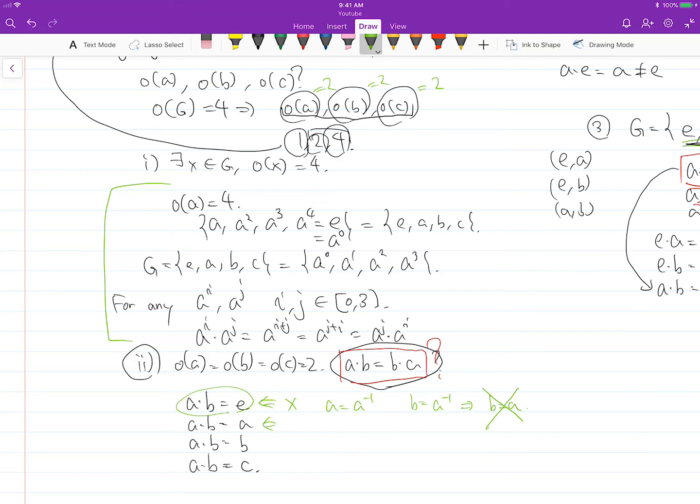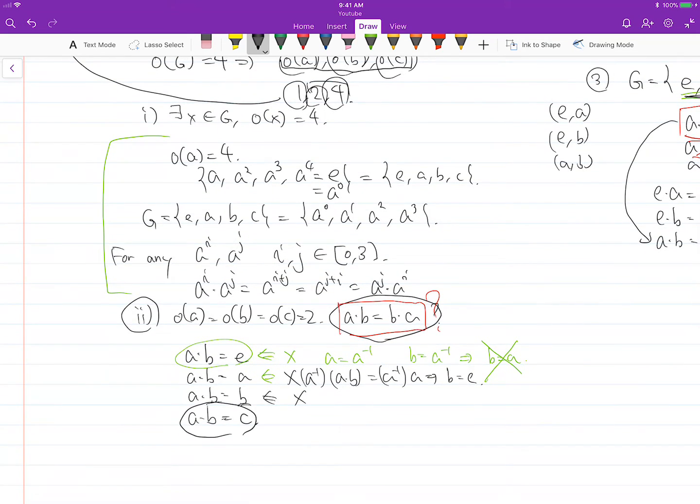The second one, A times B equals A. This would imply that if you multiply A inverse on each side, you would get B equals E, which is also a contradiction. The same thing applies here, because you can just multiply B inverse on each side. So we know that A times B equals C.